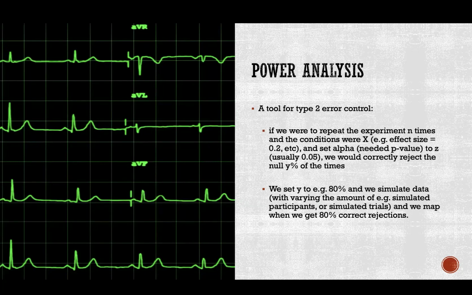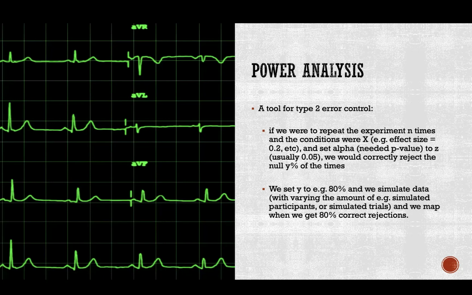But the basic idea is that if we were to repeat the experiment n times and the conditions were X, let's say a difference in underlying learning rate of 0.1, a tau of this much, these many trials playing against this specific agent, blah, and we set alpha, the needed p-value, to z, usually 0.05, we would correctly reject the null y% of the time. That's your power. Y is your power.